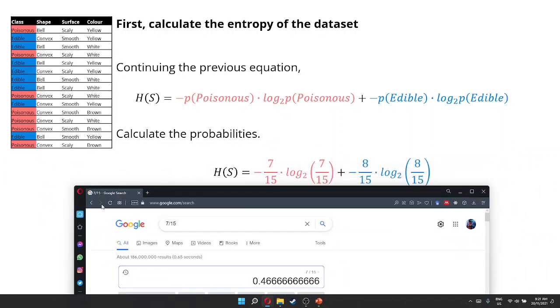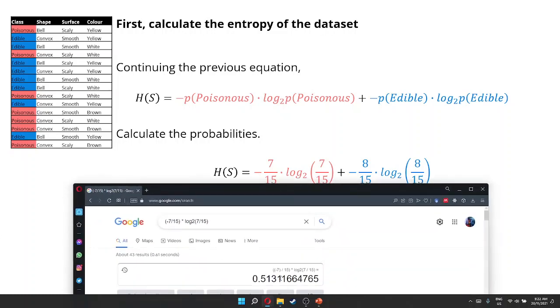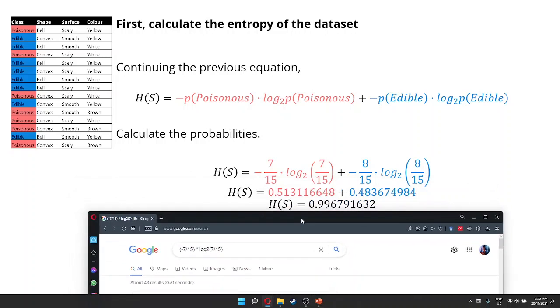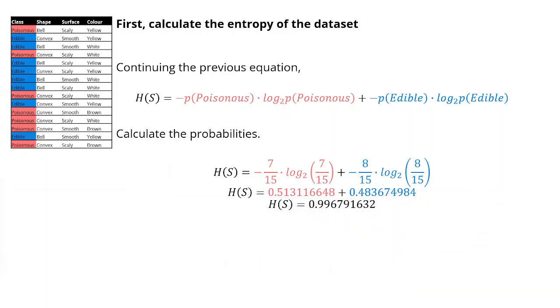It was correct earlier, log base 2. The log base 2 is negative 1.099 because we still need to multiply it. We multiply 0 times 7/15, negative 7/15. So the result is 0.513116. Okay. So this is the entropy of the whole dataset.